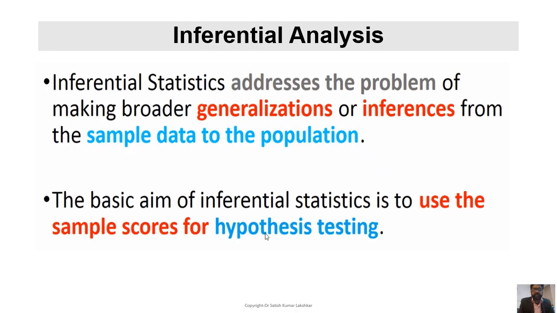We apply a statistical test, and whatever result we get on the basis of that specific test, we conclude about that sample and generalize the result to the entire population from which the sample has been extracted.